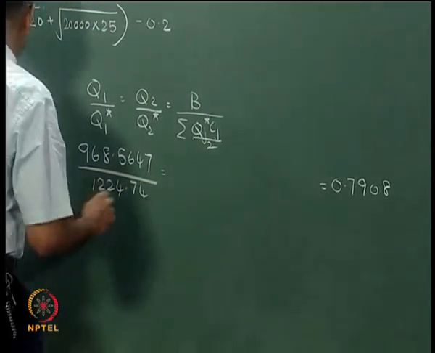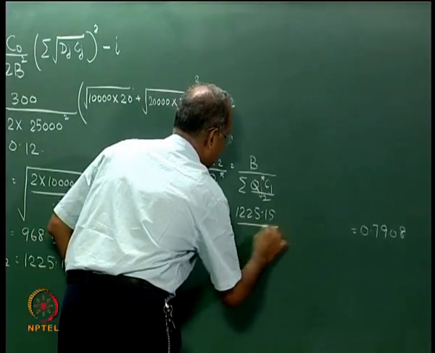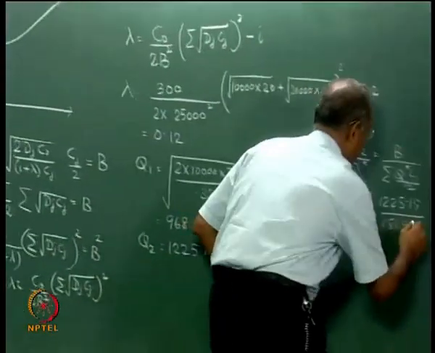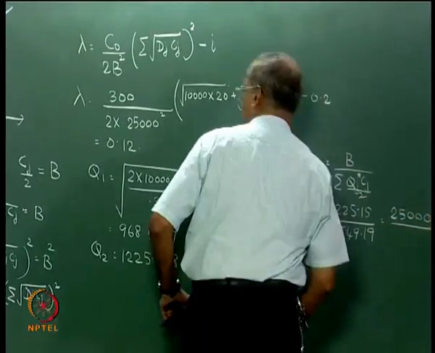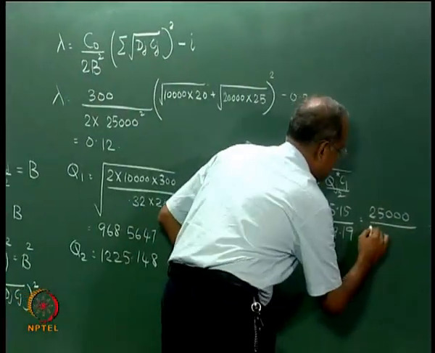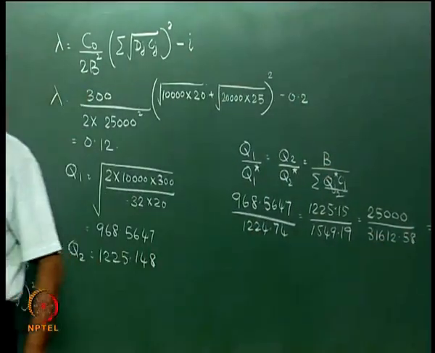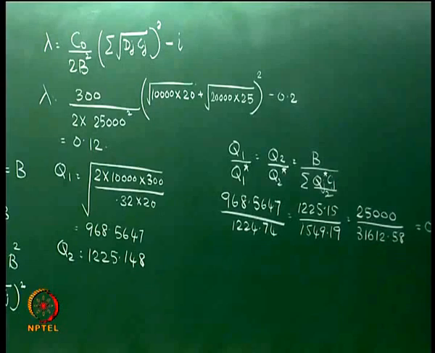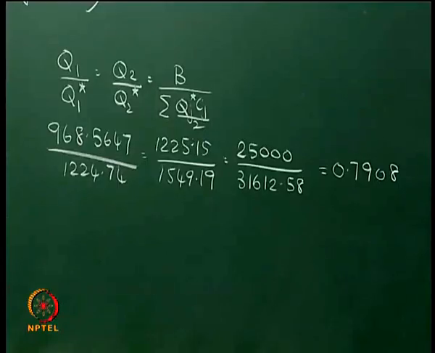Now, this is the same as 1225.15 by 1549.19, and it is the same as 25,000 divided by 31,612.58. So, you realize that the ordering quantities get proportionately adjusted and the factor is 0.7908. It is also possible to derive through this that the ordering quantities do get proportionately adjusted.